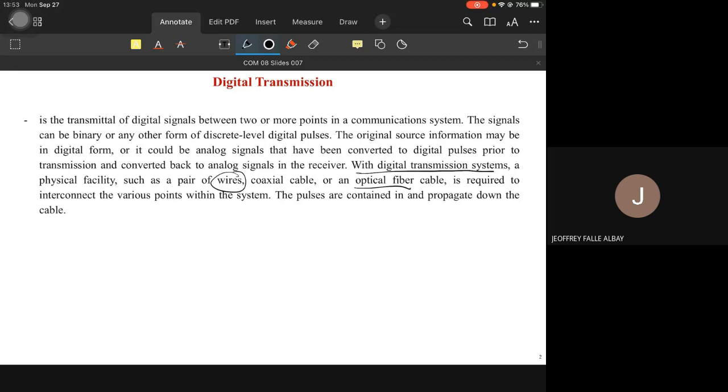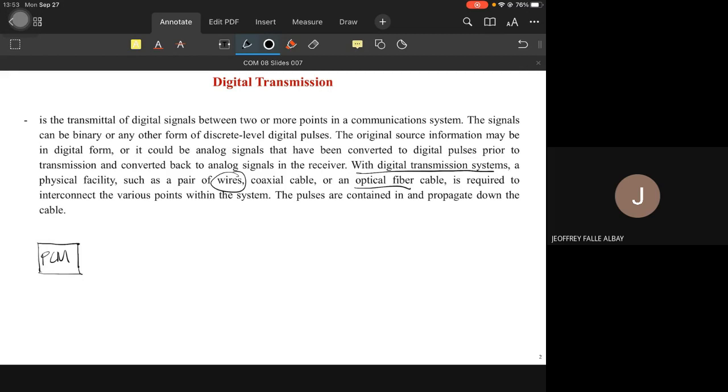Let's say for example our system, I'll just put PCM here, although there are various code modulation techniques.